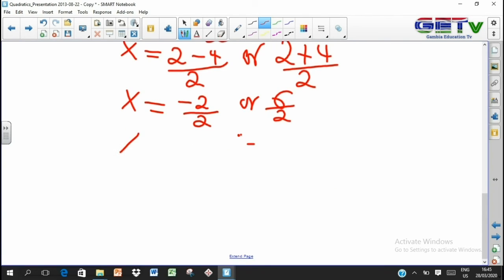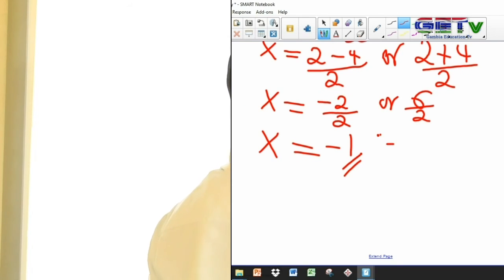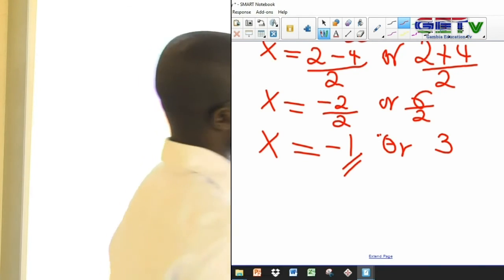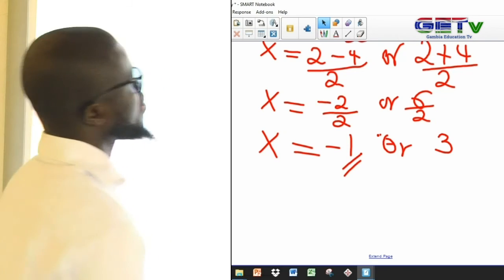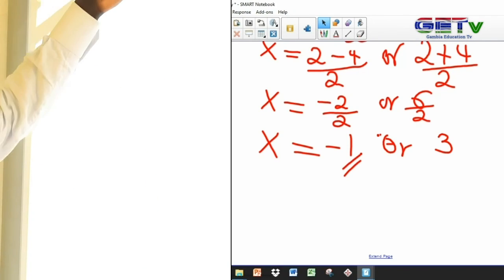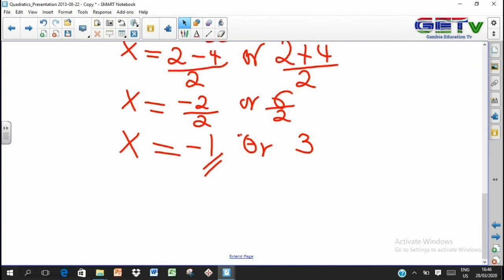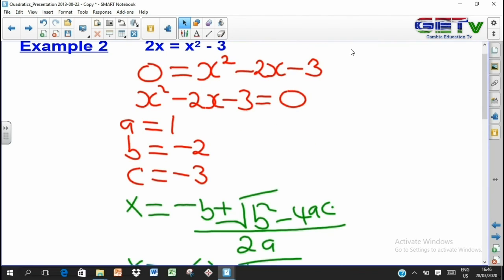If you divide negative 2 by 2, x equals negative 1. Or if you divide 6 by 2, that will give us 3. So if you look at the question, we are asked to solve the equation to find the values of x. So the two answers that can satisfy the equation are x equals -1 or x equals 3, as you can see from the question.